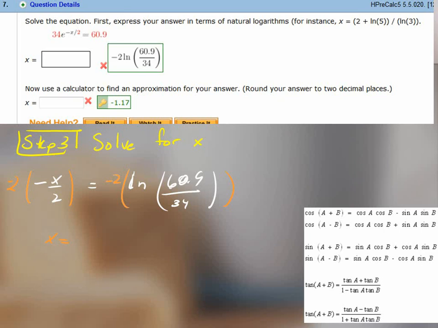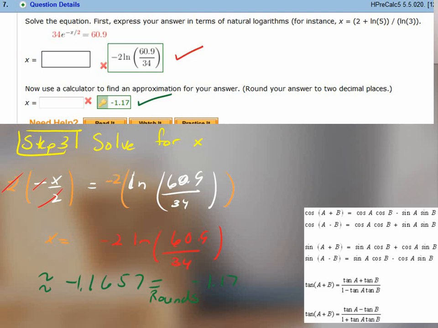If you're writing in your notes, the way I'm copying the equation is so that you can just cross out what you're writing, so you don't have to keep rewriting the same thing. So those go out, and I'm left with x is minus 2 natural log 60.9 over 34.